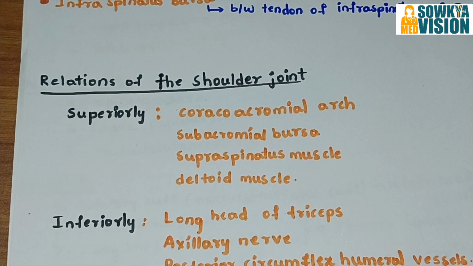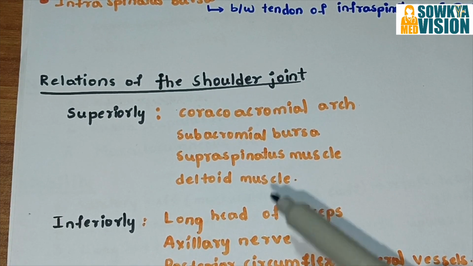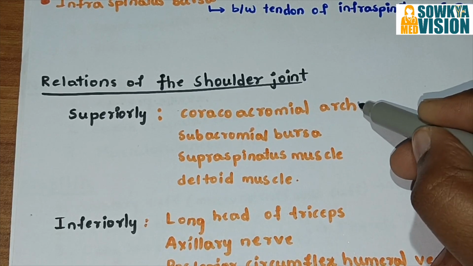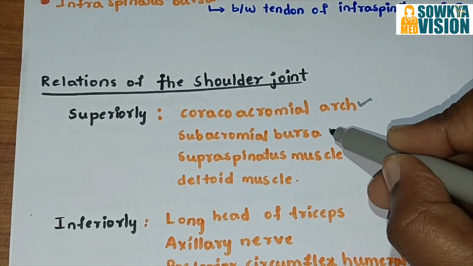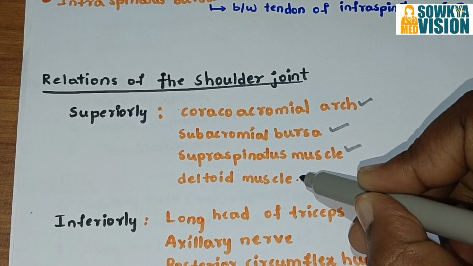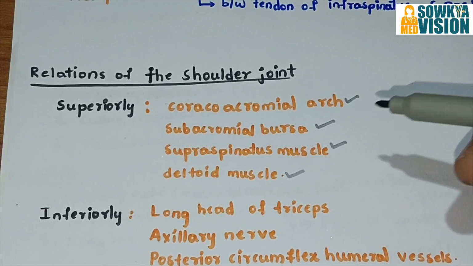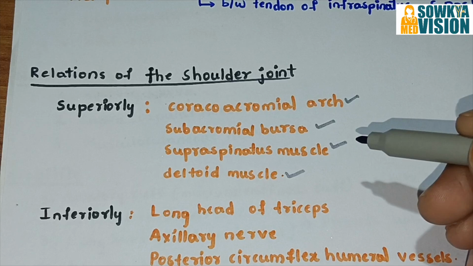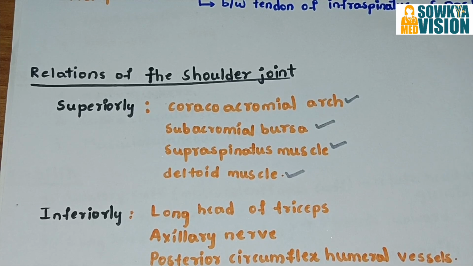Now, superiorly, the joint contains the coracoacromial arch, subacromial bursa, supraspinatus muscle and deltoid muscle. You must remember all these relations of the shoulder joint.